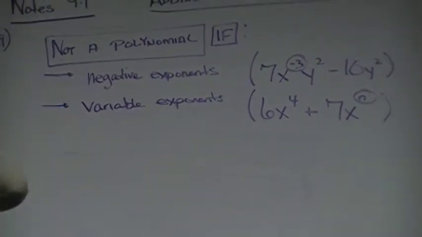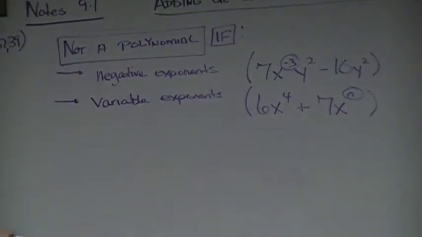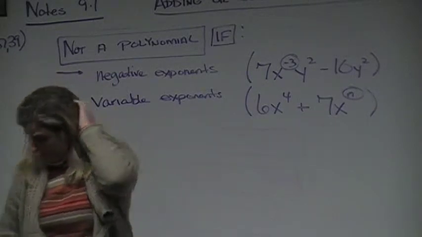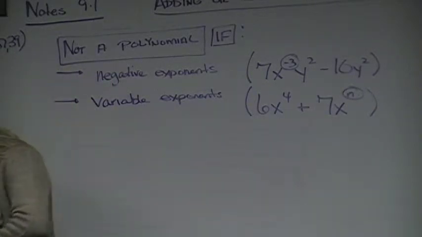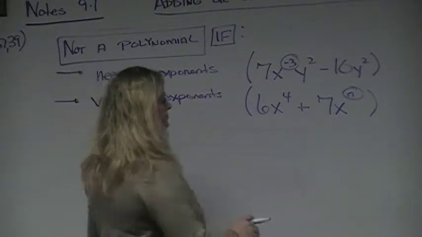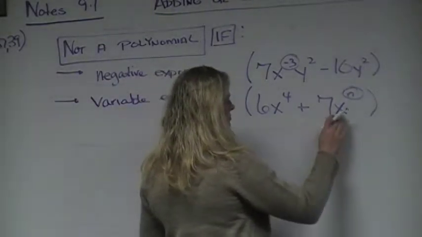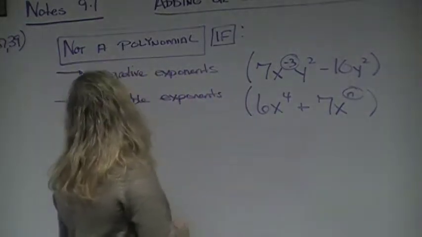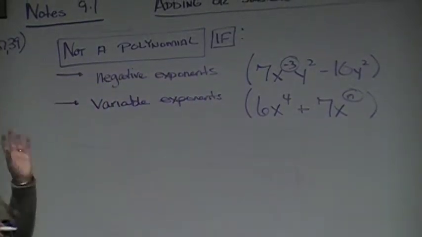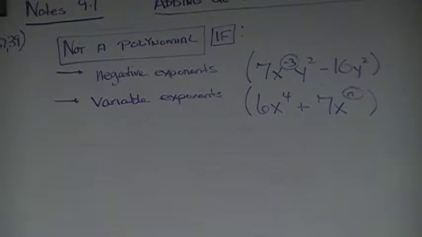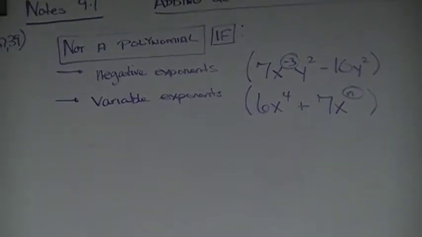You can't have a negative exponent. You can't have a variable exponent. Those are the only two things that you have to look out for when you're looking at possible polynomials.